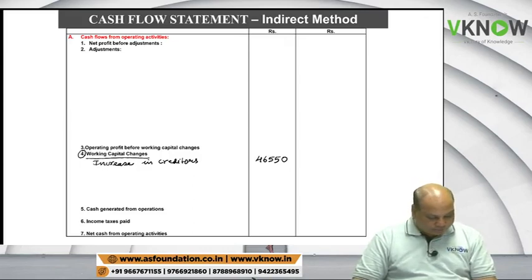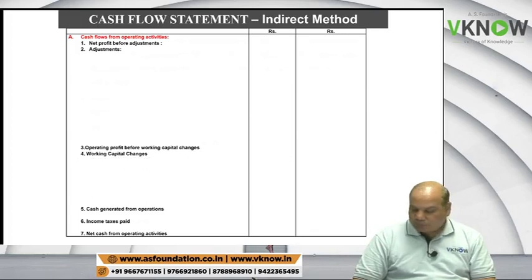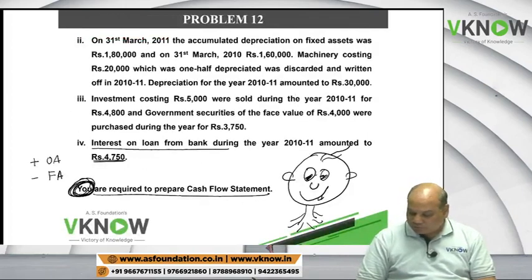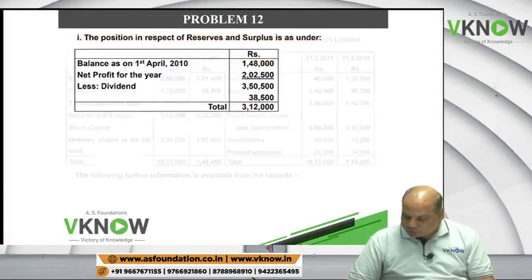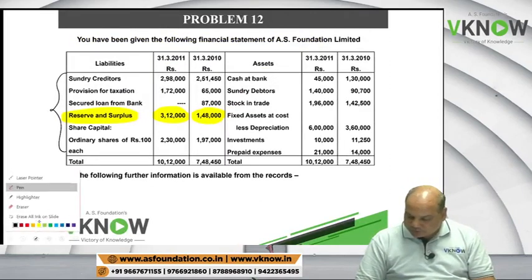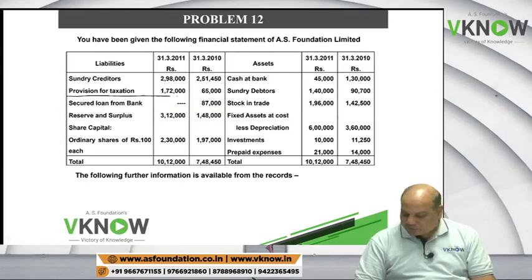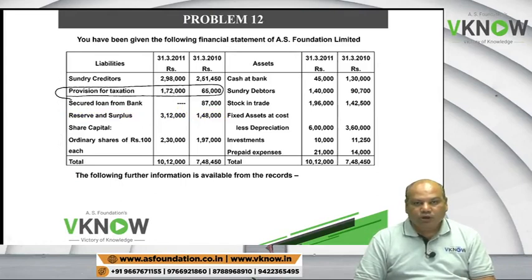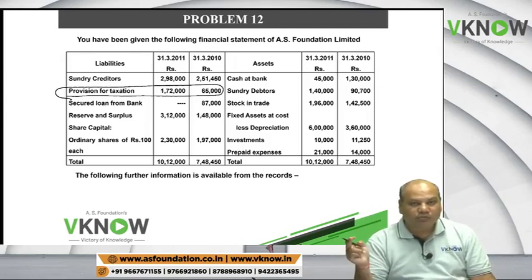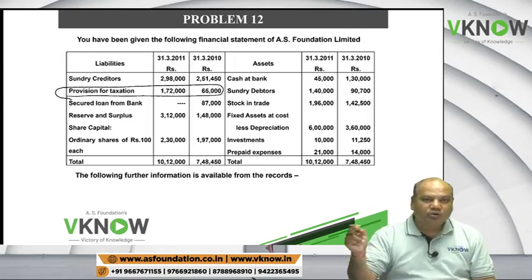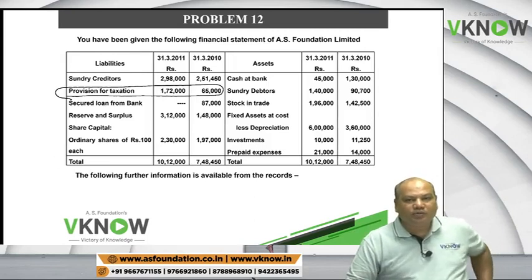Is it right? Then there is a provision for taxation. Oh my God. You look at this question on the screen. Provision for taxation is given. But they have not given in the earlier 3 questions, 9, 10, 11, how much income tax has been paid.